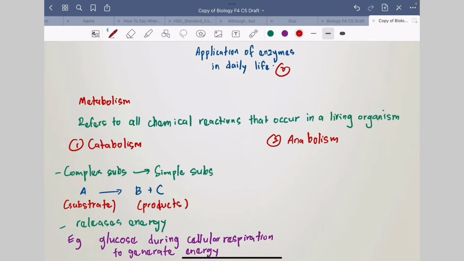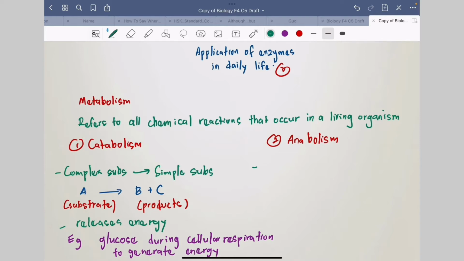Okay, so let's look at the anabolism. Anabolism is the reverse of catabolism, which is the process of synthesizing complex molecules from simple molecules. In this part, it uses the term molecules.